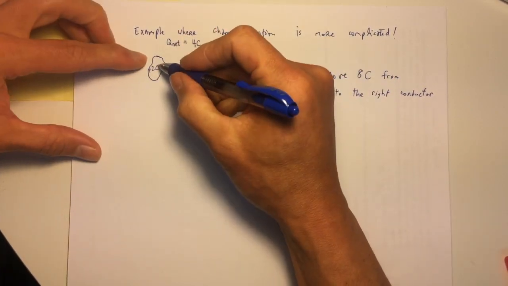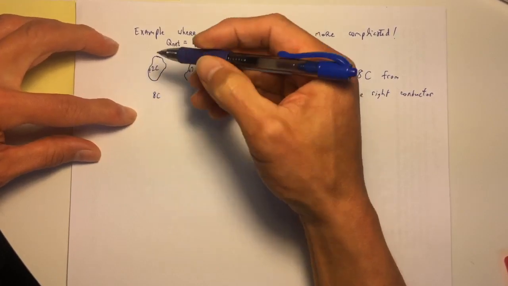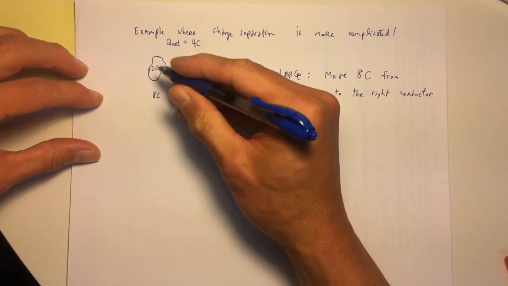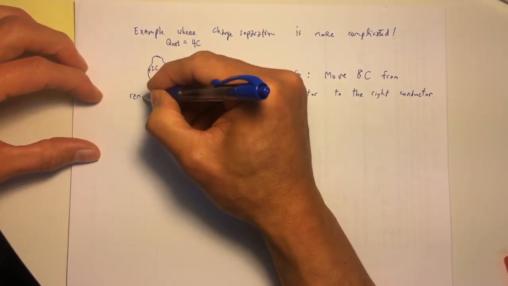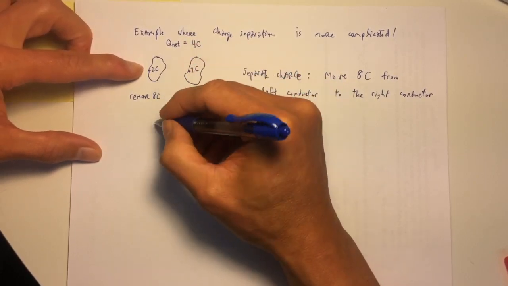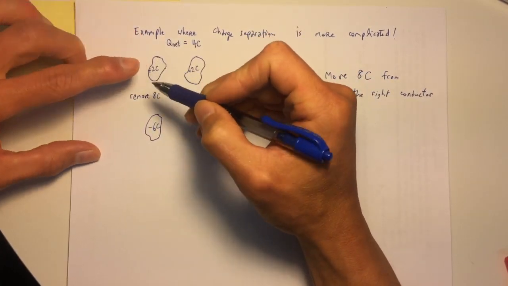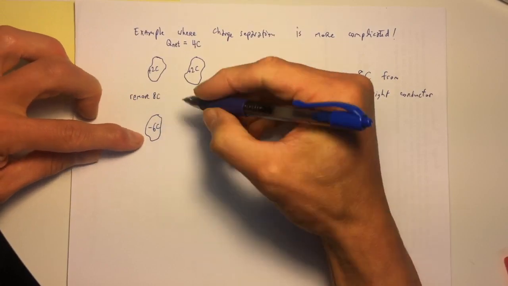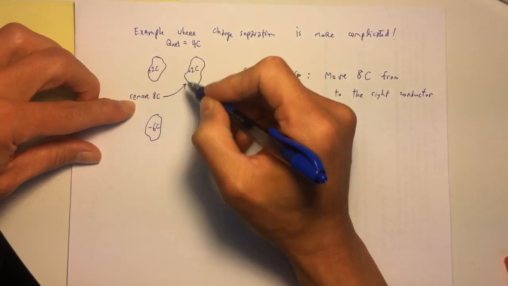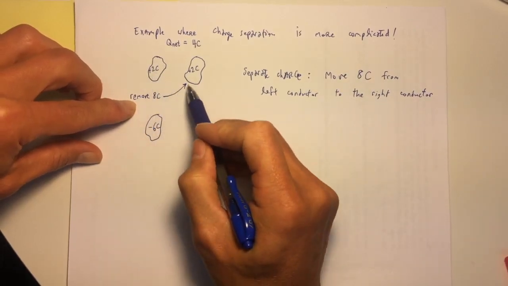So once I remove 8 coulombs, this thing becomes a charge of negative 6 coulombs, right? So if I remove 8 coulombs, then 2 coulombs minus 8 coulombs is negative 6 coulombs. So now this conductor has its charge changed, but I'm going to put this 8 coulombs on the right conductor. That's how I'm separating the charge. Move 8 coulombs from the left over to the right.